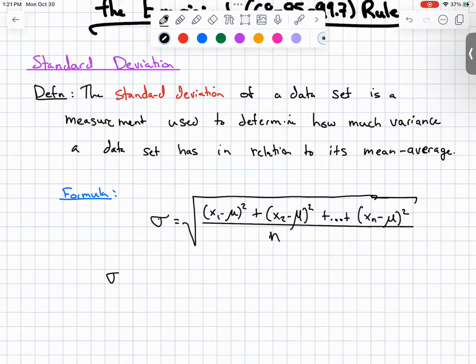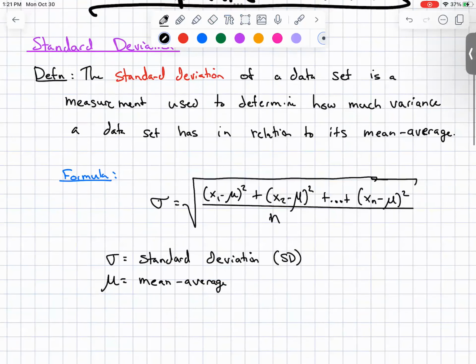So sigma equals the standard deviation, which we'll from now on write SD because standard deviation takes way too long to write. Mu is equal to the mean average of the data set.